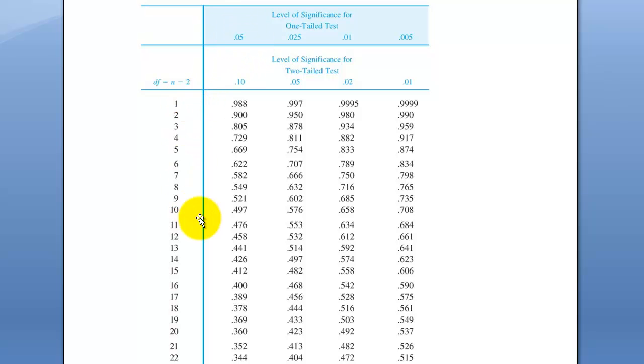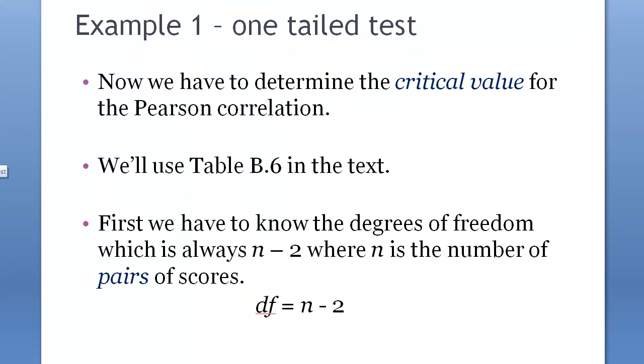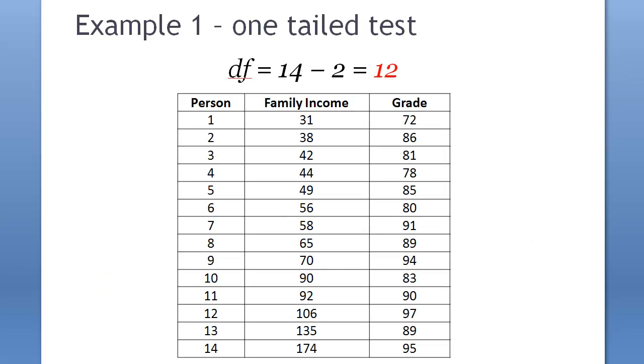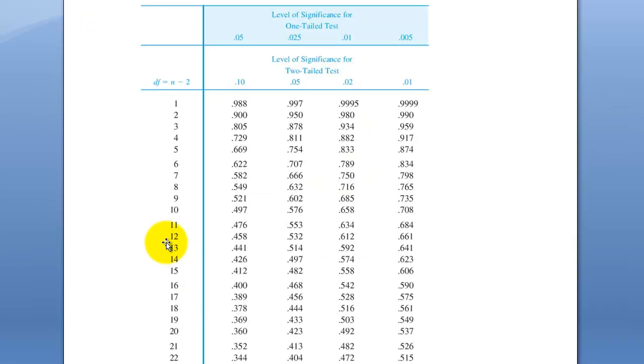And what's the degrees of freedom? It's the sample size minus 2. In our example we have 14 people, so it's going to be 12. So for 12, here it's going to be 0.458. That's the critical value.